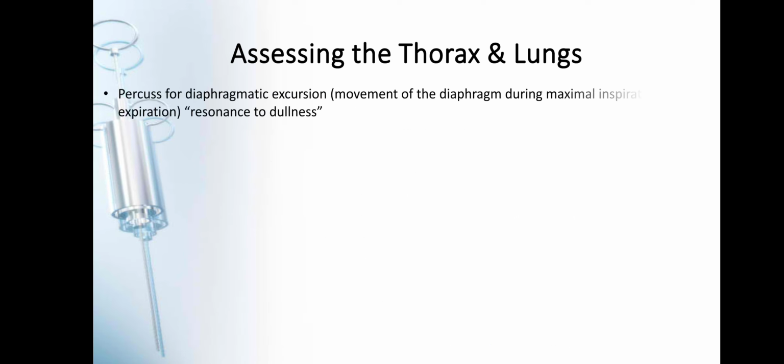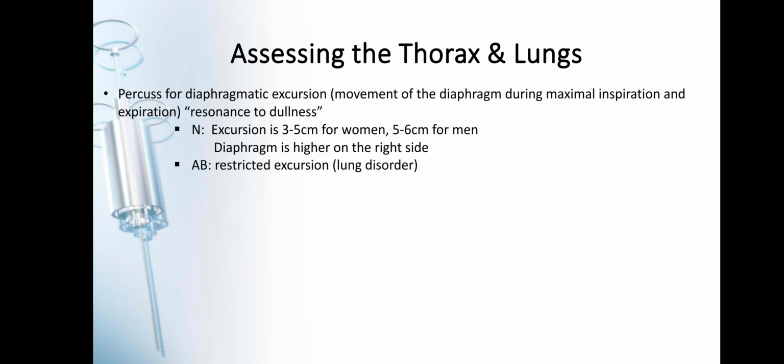Okay? For percussion, also for diaphragmatic excursion: earlier you palpated and measured, and now you will also percuss the diaphragmatic excursion. This is the movement of the diaphragm during maximal inspiration and expiration. It usually sounds from resonance to dullness.